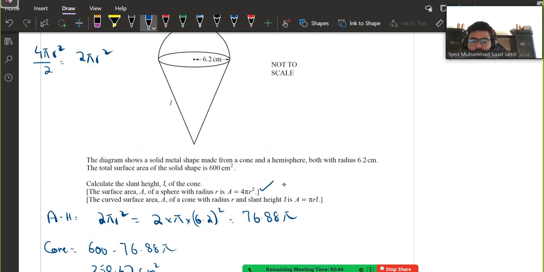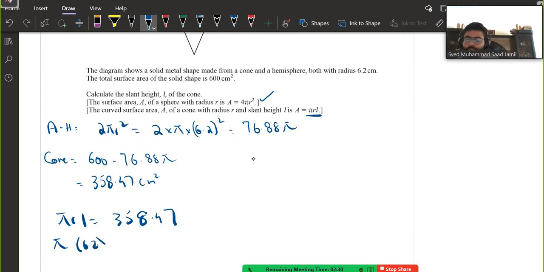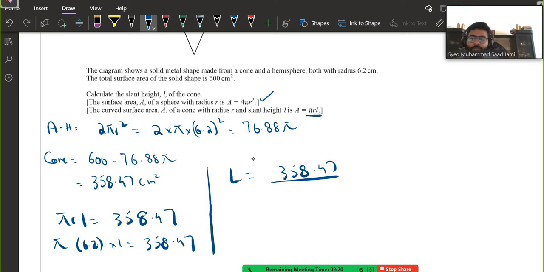Now I will apply the formula for the cone. The curved surface area of a cone is pi r l, and I need to find l. So pi r l is equivalent to 358.47. Pi is pi, r is 6.2 multiplied by l is equal to 358.47. So l is equal to 358.47 divided by pi multiplied by 6.2.